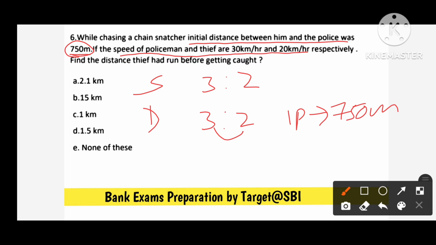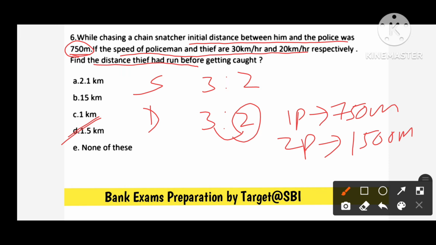The question asks to find the distance the thief had run before getting caught, which is 2 parts value. So 2 parts value will be 1500 meters. 1500 meters means 1.5 kilometers. So option D is the answer for this question.